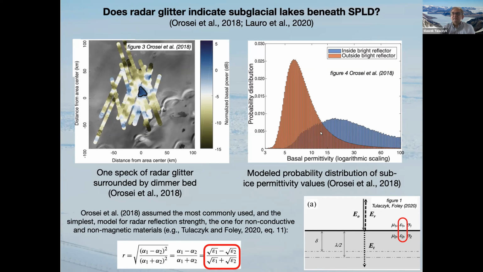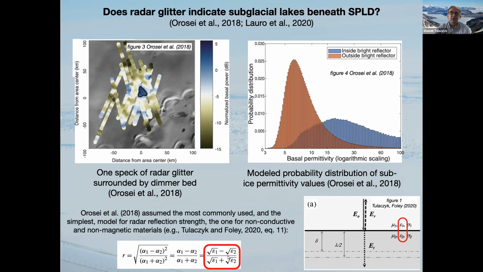And just to dive a little more into the physics of how U.S.A. et al., and also most commonly in glaciology and planetary science, interpret reflection from an ice-over-something interface. Here we are.